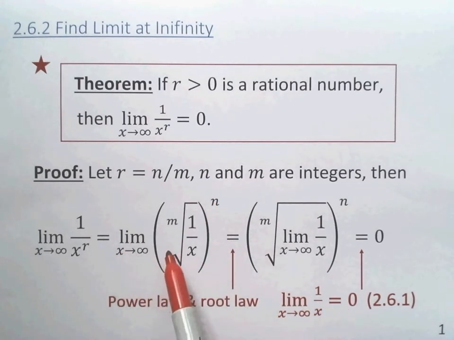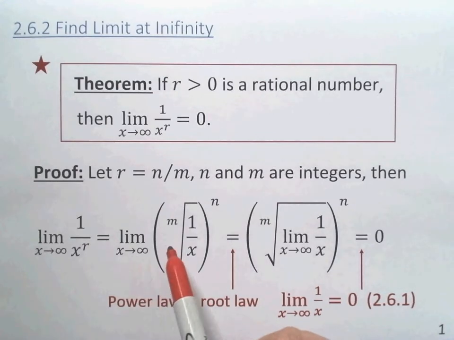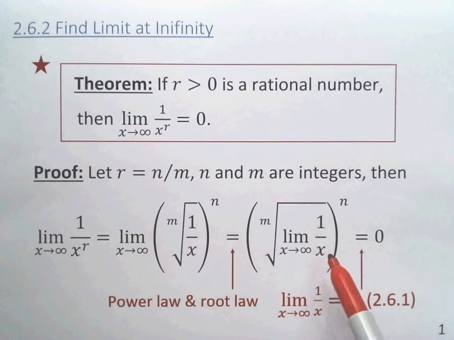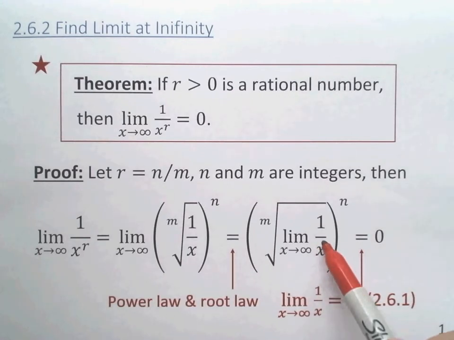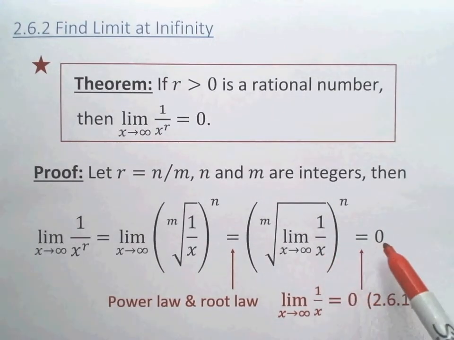And then we have the root law, so the limit can go under the root. Therefore, finally we get these results using the limit laws we learned. Do you remember the last lecture? We exactly proved what the limit of 1 over x is. That's 0, right? Therefore the result is 0, definitely.